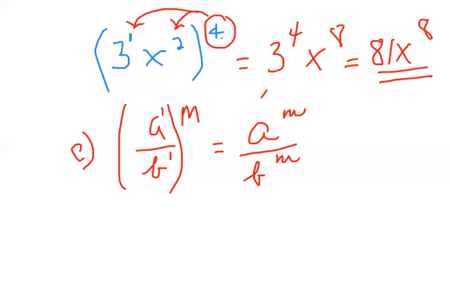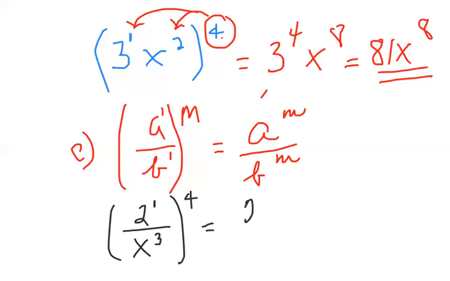So a quick example of this might be something like this, where you have 2 over x to the 3rd, and all of this is being raised to the 4th power. Remember, the 2 has an exponent of 1, so if you distribute the power, you get 2 to the 4th over x to the 12th. 4 times 3 is 12.